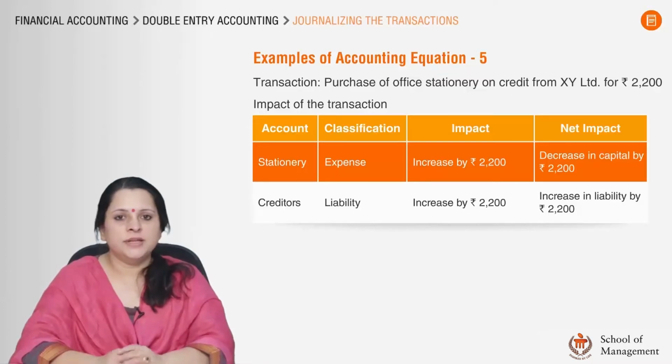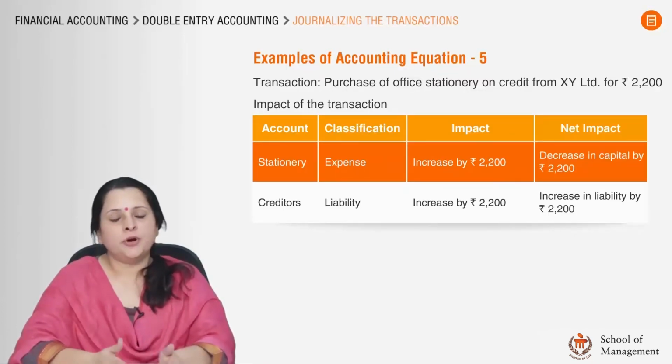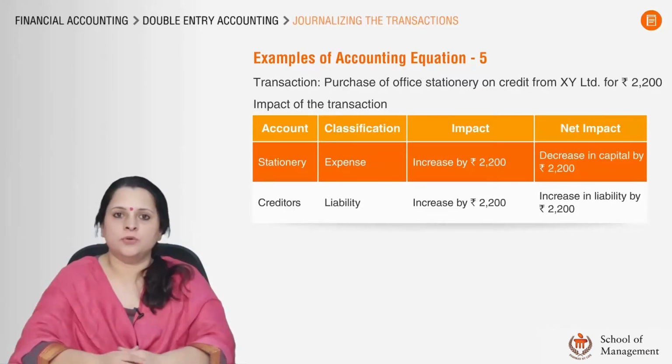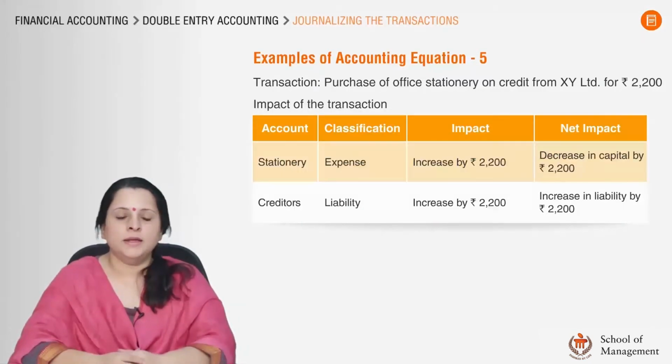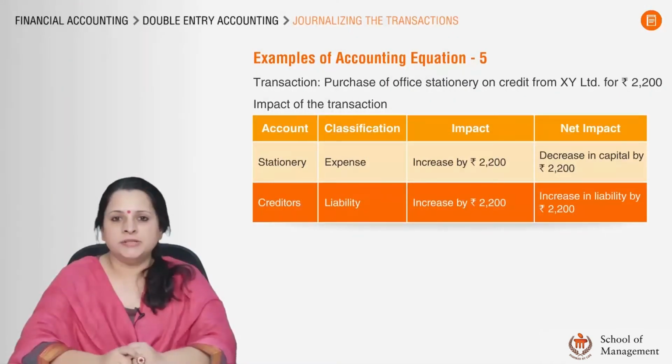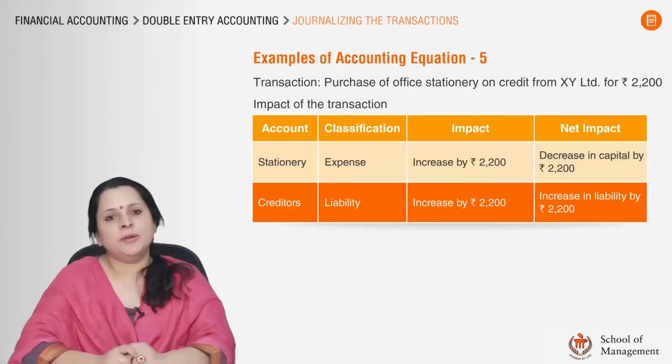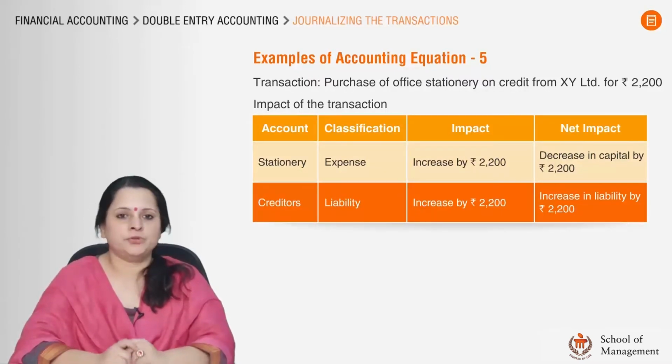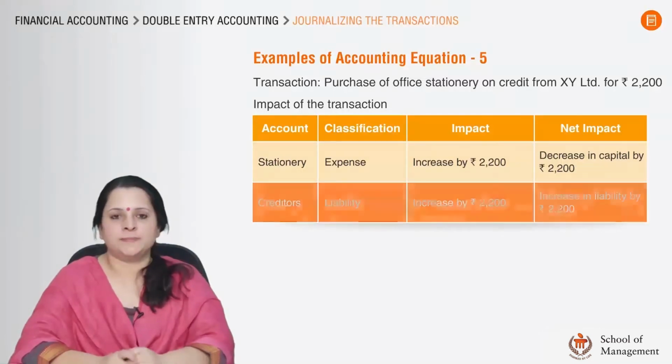This is because any increase in cost will affect profits and the profits of the business accrue to the owners. This transaction will also lead to increase in liabilities as XY Limited's invoice or bill will be paid at some point in the future. Till such time the invoice is paid off, the amount due to XY Limited will be recorded in the books as liability.